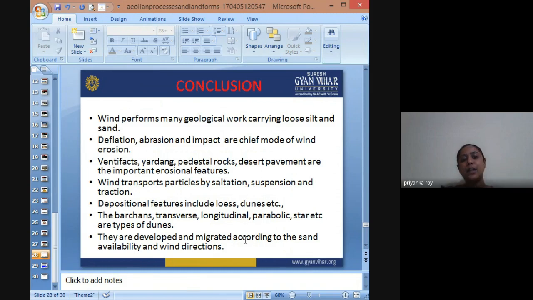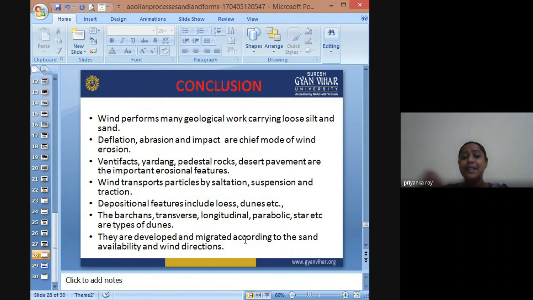Then the transportation processes are saltation, suspension, and traction. You can see these processes if you visit any of these arid regions. In April and May, which is the month of sandstorms in Rajasthan, you will see a lot of sand particles suspended in the air.